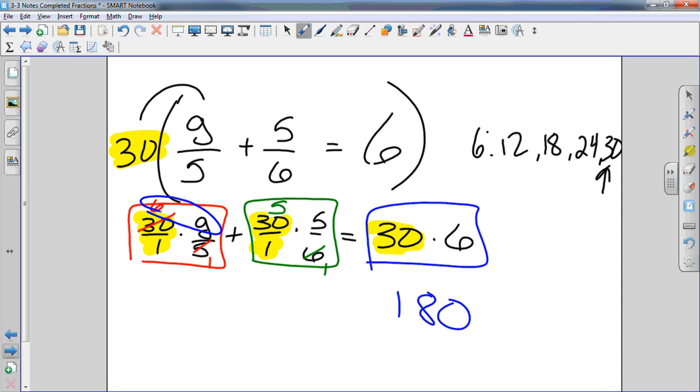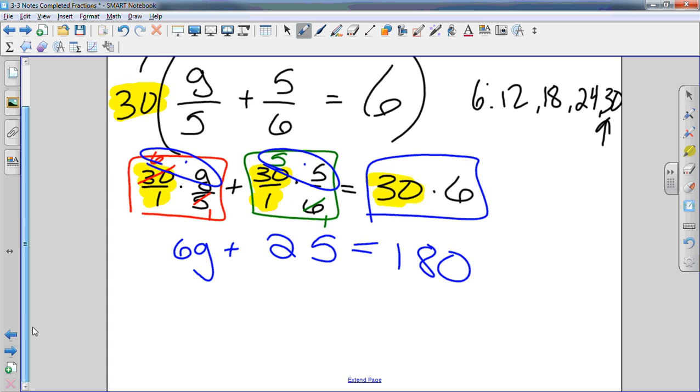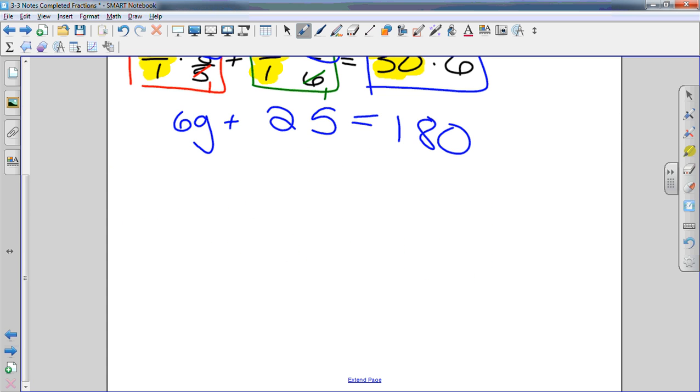So if I marry the tops here, I'm left with 60 plus 5 times 5. So I subtract 25.